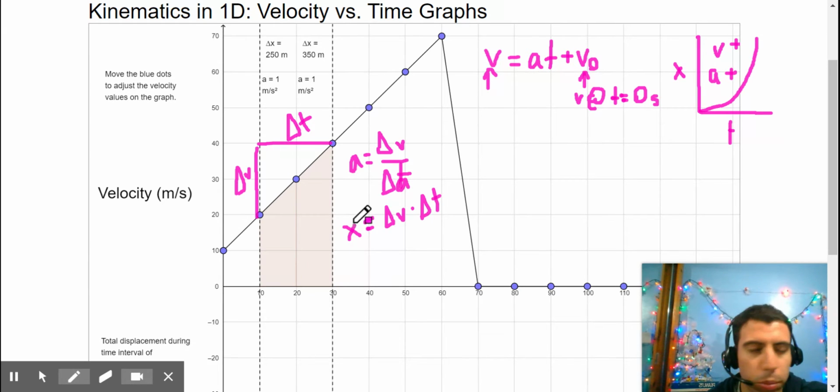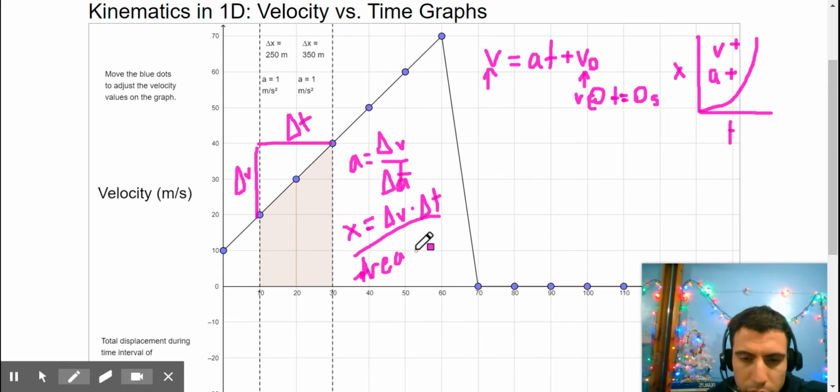It's going to get us meters, which means some sort of displacement value. In other words, this means that the area underneath this curve means something. So this is area under the curve. Forgive my handwriting with this thick pencil.